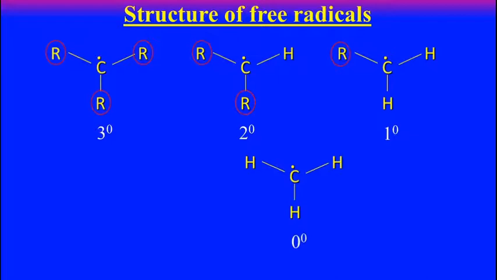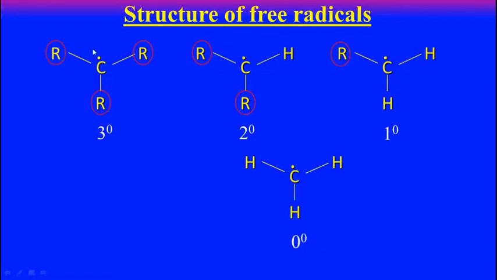Now we will discuss the stability of free radicals. First of all, we will consider the 3 degree free radicals. You have to know that all alkyl groups are electron donating groups or electron releasing groups. In 3 degree alkyl free radicals, we see that the carbon bears an unpaired electron.